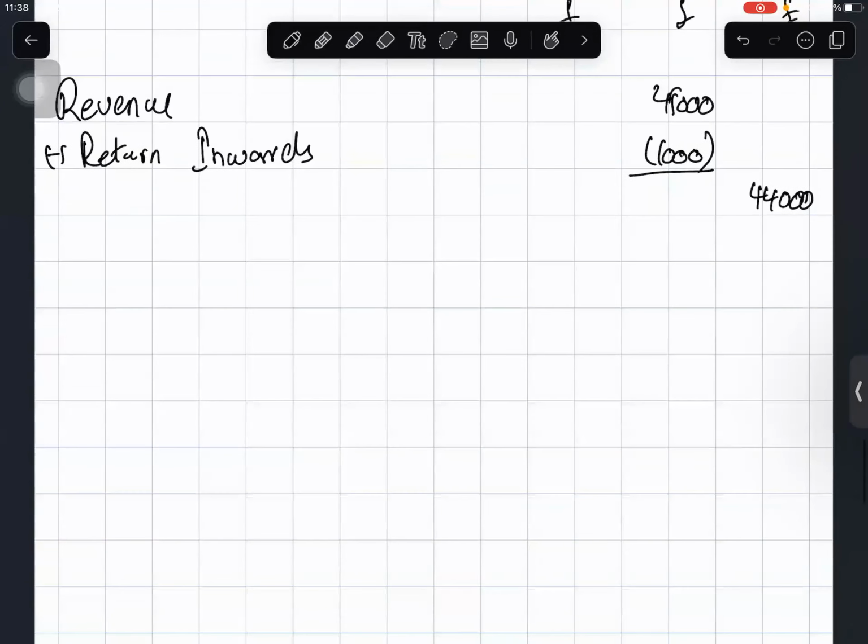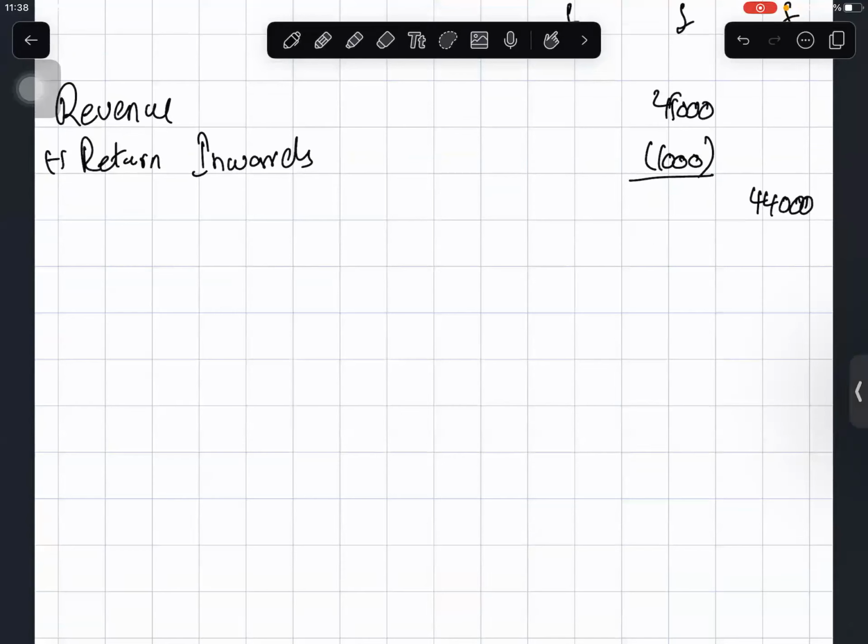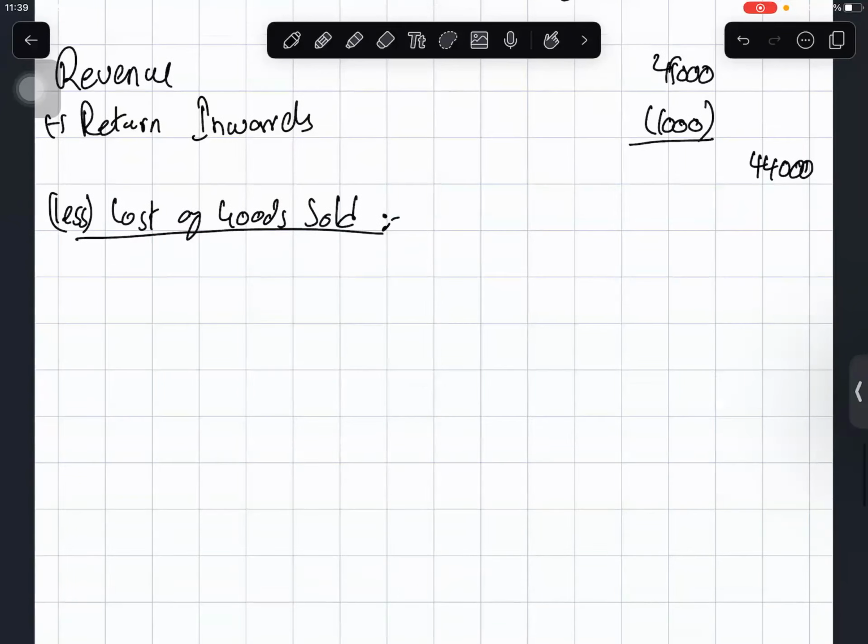Okay. Then we have to subtract cost of goods sold. In cost of goods sold, the first thing that we write is the opening inventory. The amount is given to us directly, 8,000. We write that in the second column.